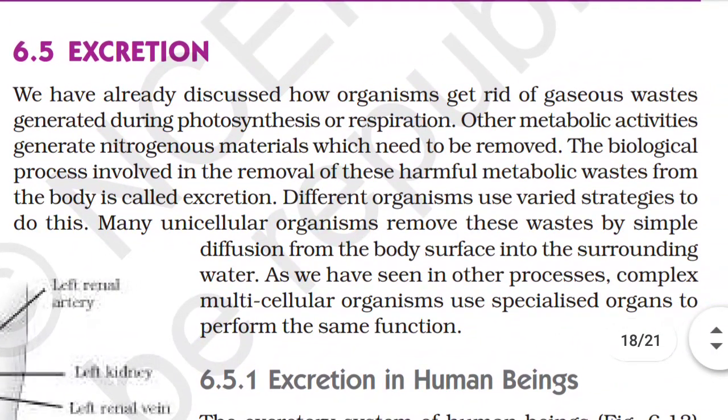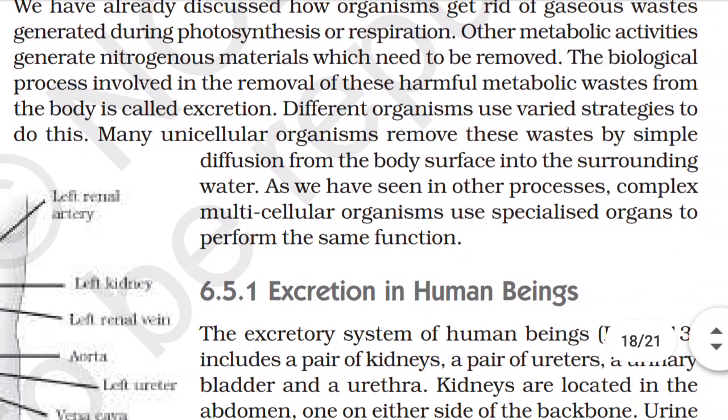Now, excretion. We have already discussed how organisms get rid of gaseous wastes generated during photosynthesis or respiration. Other metabolic activities generate nitrogenous materials which need to be removed. Yes, we can say that they are nitrogenous wastes. The biological process involved in the removal of these harmful metabolic wastes from the body is called excretion.